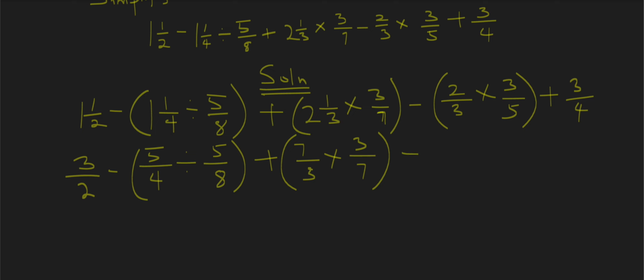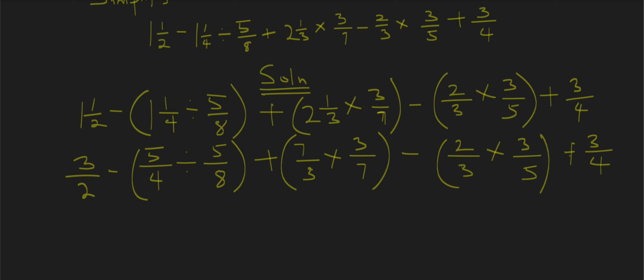All right, minus 2 over 3 times 3 over 5, plus 3 over 4.